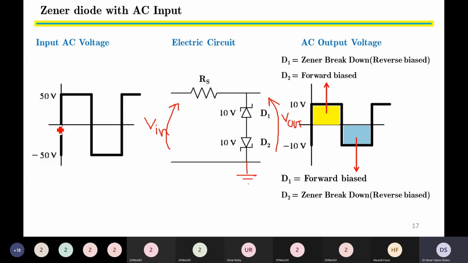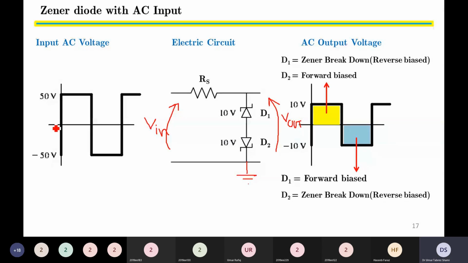And our input voltage is a square wave AC with peak to peak voltage of 100 volts, 50 volt during the positive half and minus 50 volt during the negative half. So we want to see what is the output voltage when we connect two series Zener diodes with opposite polarity.